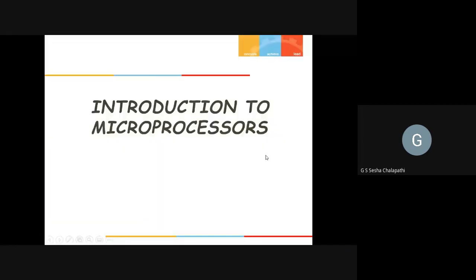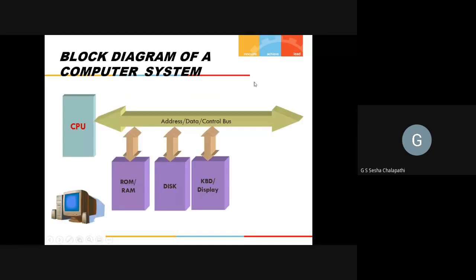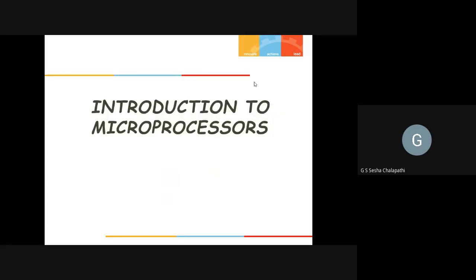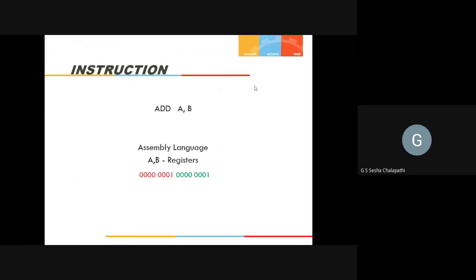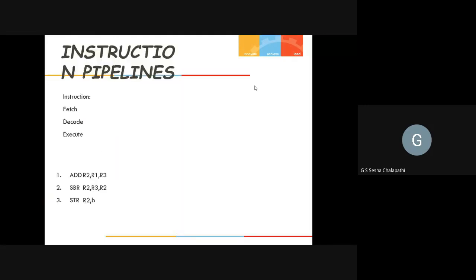So we are talking about the microprocessor. What does the microprocessor talk about, or what is a microprocessor? Before I get into microprocessors, let me talk a little bit about the history.